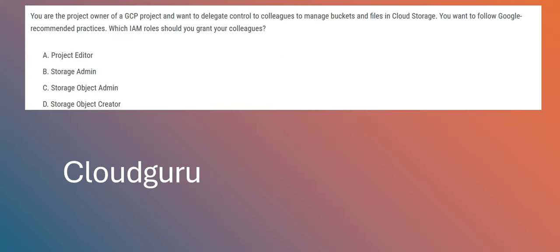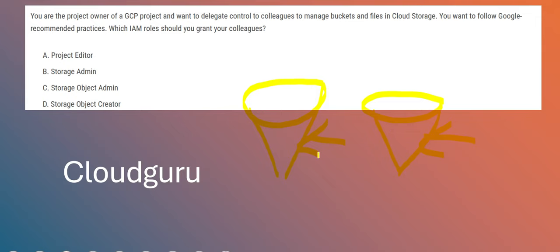So this is the first question. You are a project owner of a GCP project and you want to delegate control to colleagues to manage buckets and files in cloud storage. So you have such buckets, and each bucket has some files. You want to give someone that control in your team.